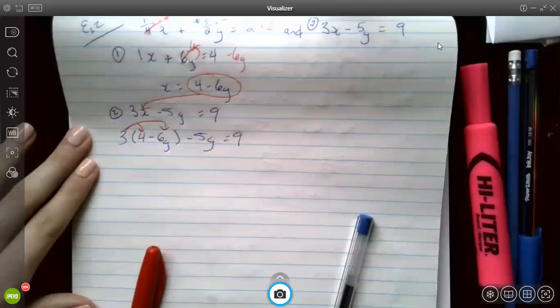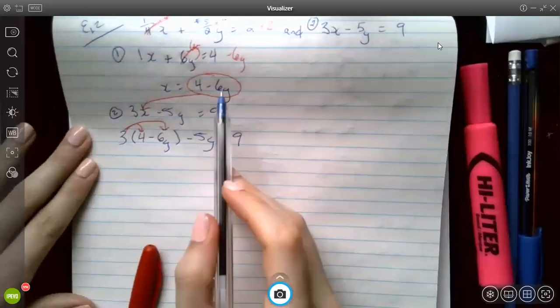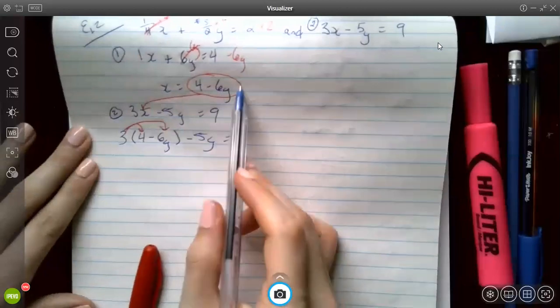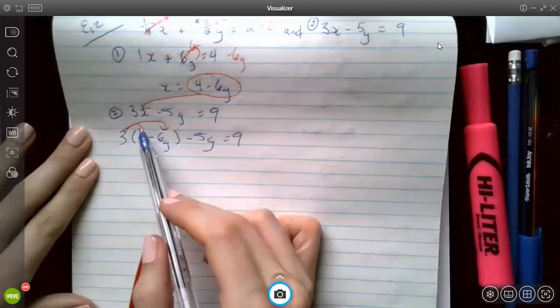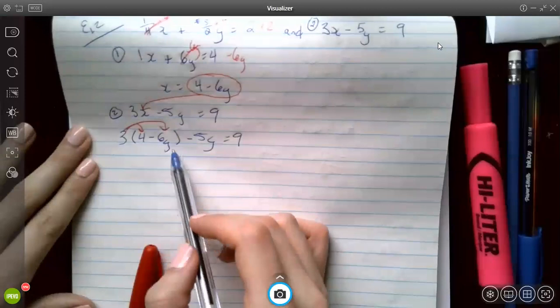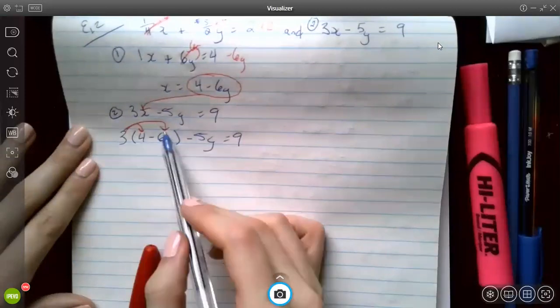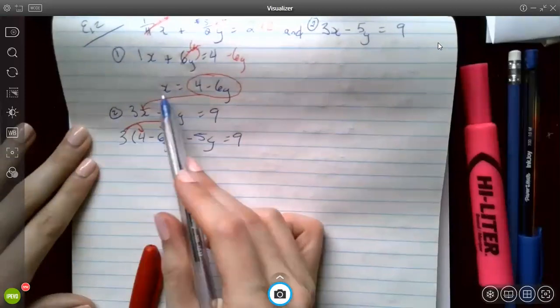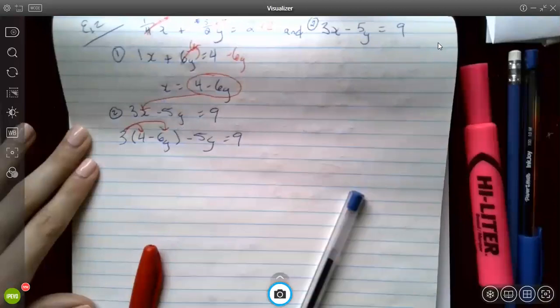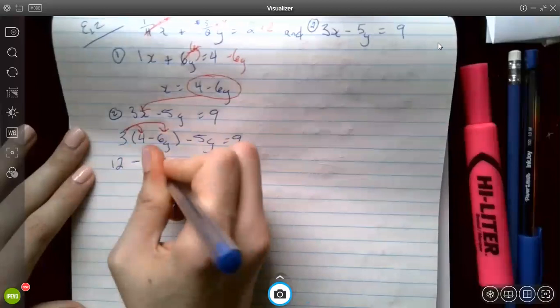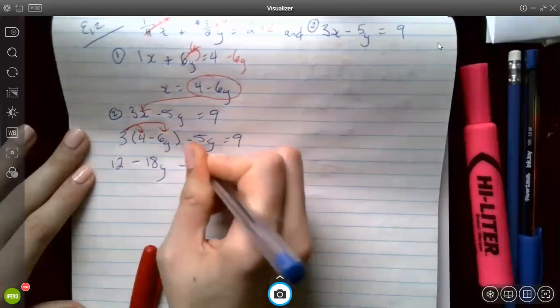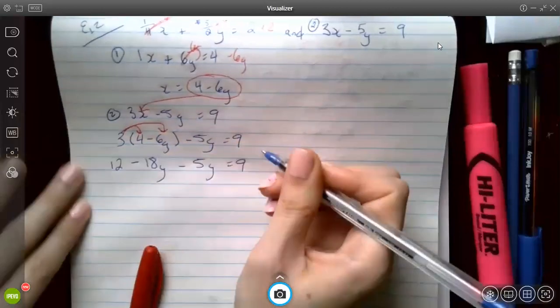It is important that when you substitute this equation into the second equation, you do put it in brackets so that you know the 3 has to get multiplied by both of them, since they're both equal to x. Anyway, that leaves me with 12 minus 18y minus 5y equals 9.